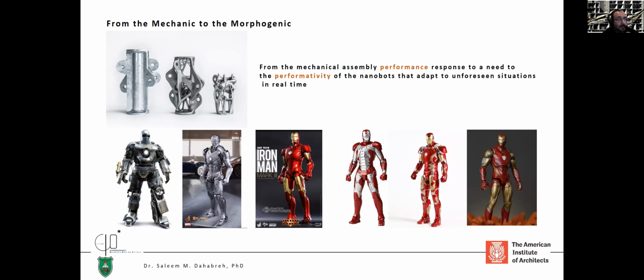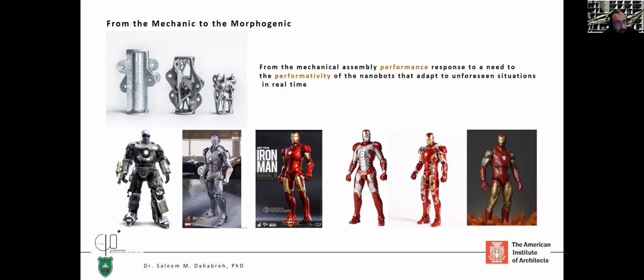One of the things that I use in my lectures is to associate architecture and development in architecture with movies. Of course, most of you know that this is the armor suit of Iron Man, when it first started in Iron Man 1 until it ended in Endgame.